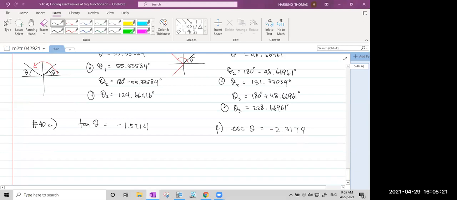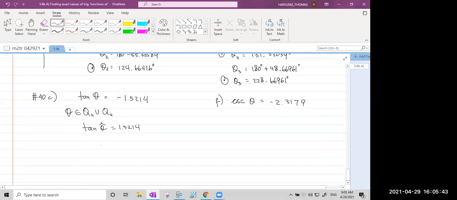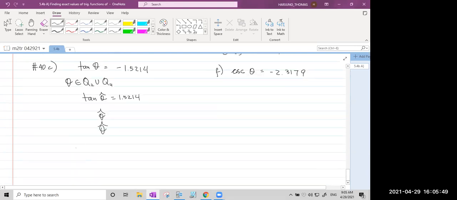Remember, always first decide which quadrant they are in. Here theta must be in quadrant 2 or quadrant 4. Then you deal with the reference angle. Make it positive first, find theta hat, and then adjust to quadrant 2 and quadrant 4. Likewise for the cosecant part.